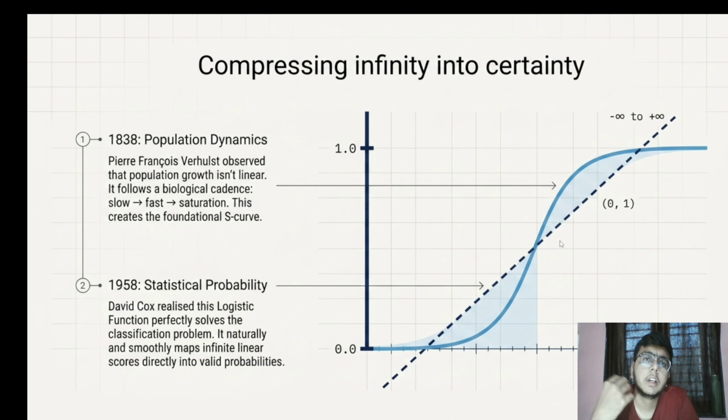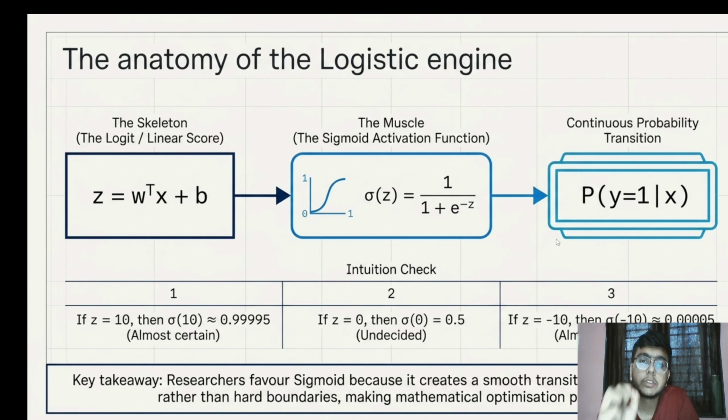After more than 100 years, statistician David Cox realized this logistic function perfectly solves the classification problem. It naturally and smoothly maps the linear scores directly into valid probabilities, and this function is none other than the sigmoid activation function, the muscle of logistic regression.